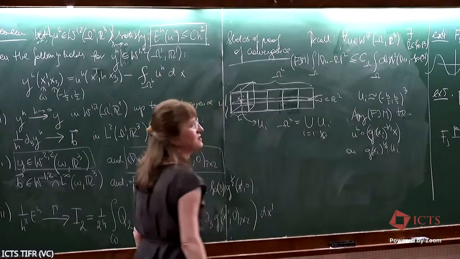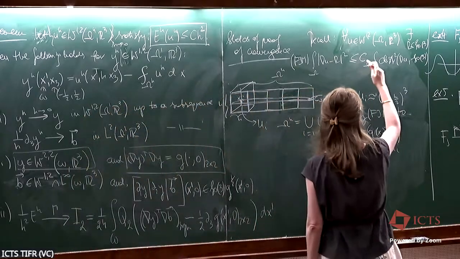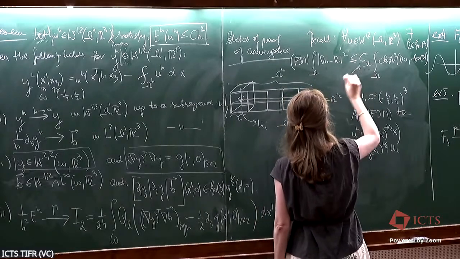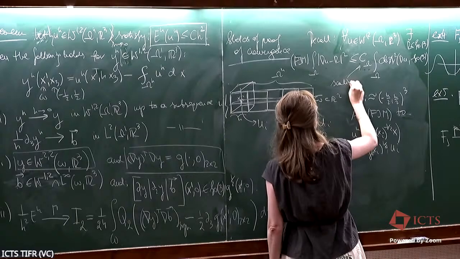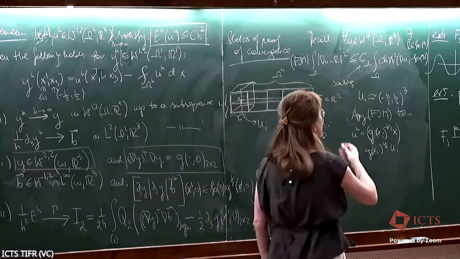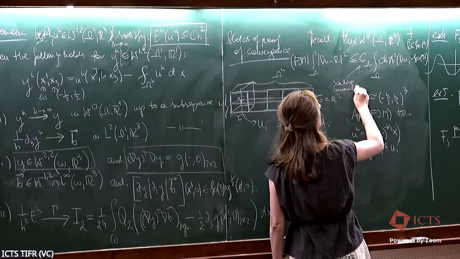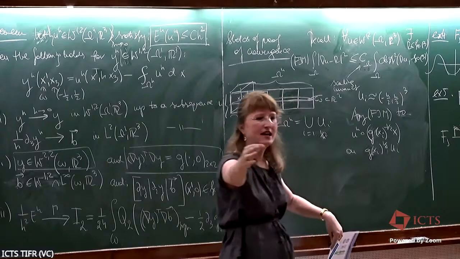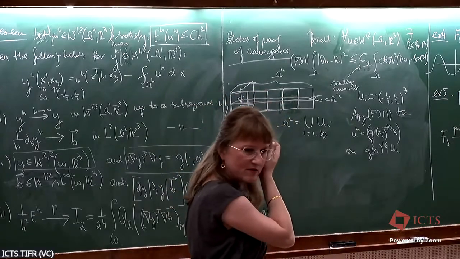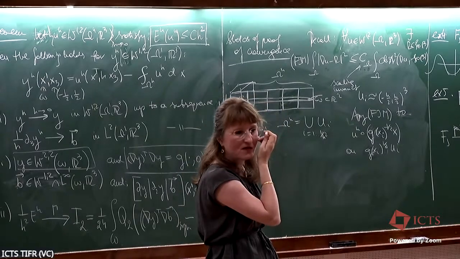Now the crucial information is that, of course, this constant here depends on the set omega on which I'm applying it, but it is scaling invariant. It's a nonlinear inequality, so it's not obvious. But yes, it is scaling invariant, meaning that if you scale omega, if you dilate it, make it small or large by a constant, then it's going to be the same constant. That's part of the theorem.